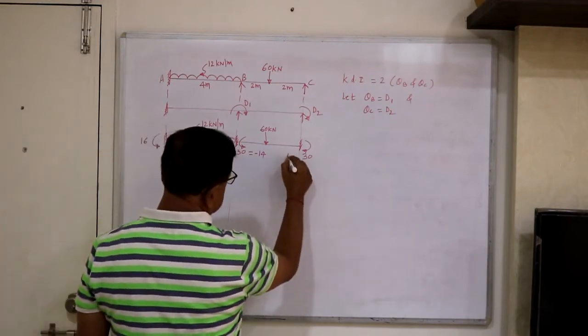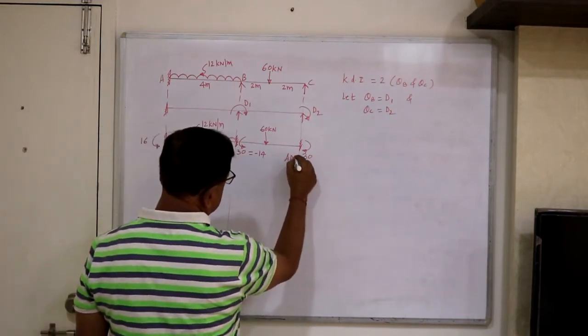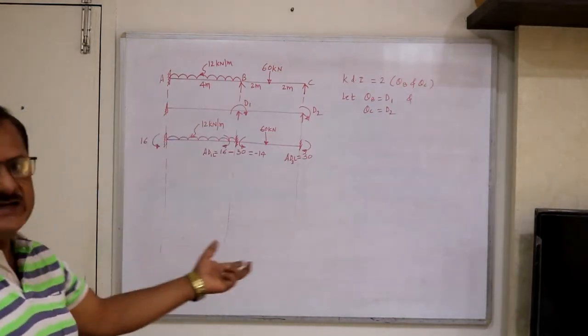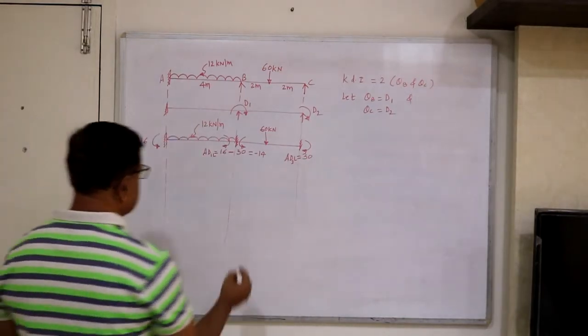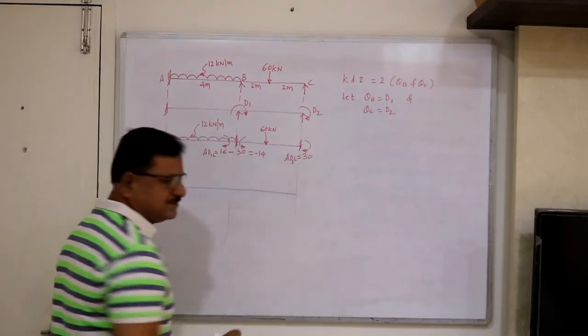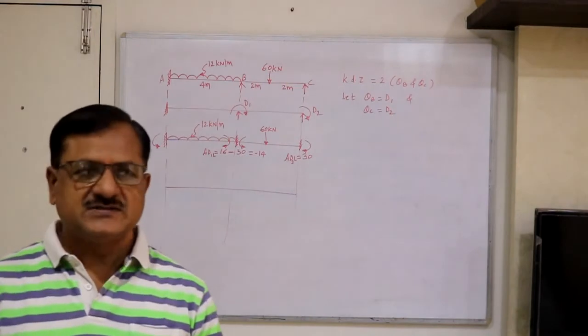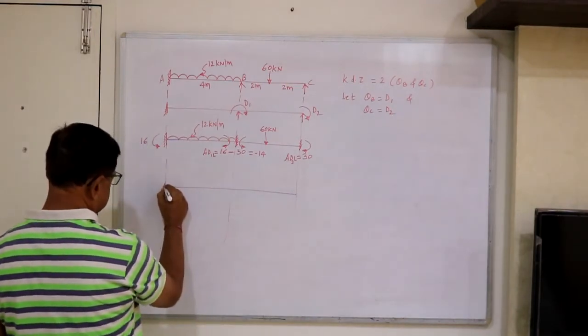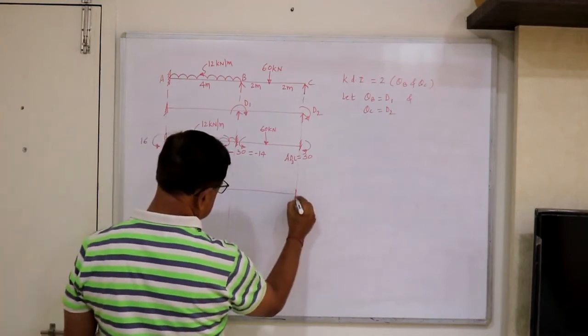And this is in the direction of D2, AD2L, this is clockwise, therefore plus 30. So AD1L and AD2L we get. Next, stiffness coefficients. Very simple stiffness method. Just apply the unit, we know the basic stiffnesses of the member due to unit rotation.